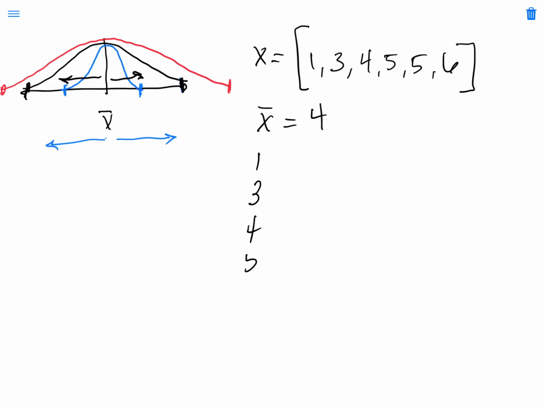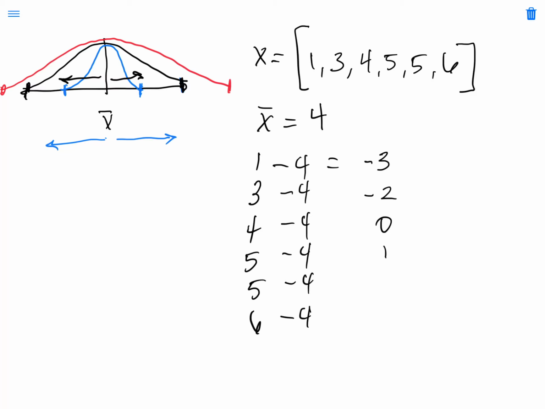So let's just measure how far away they each are from the mean. We have a 1, 3, 4, 5, 5, and 6, and we'll just subtract the mean from each of these. And so in this case, we have -3, -1, 0, 1, 1, and 2.